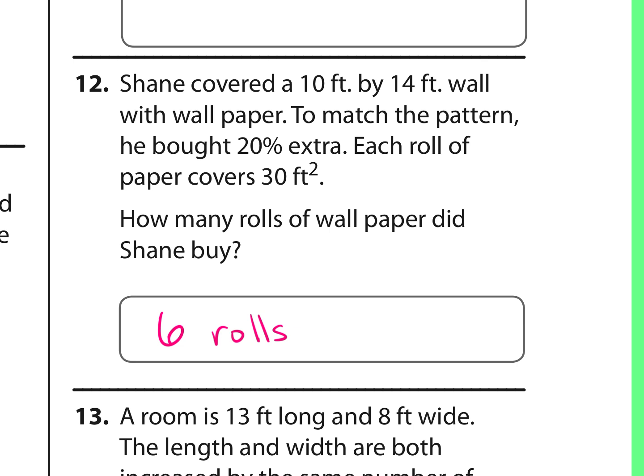Okay, so first of all, let's find out how much the wall is. We can just find the area of the wall, length times width, which is 10 by 14. So that wall has 140 square feet. But he bought 20% extra.